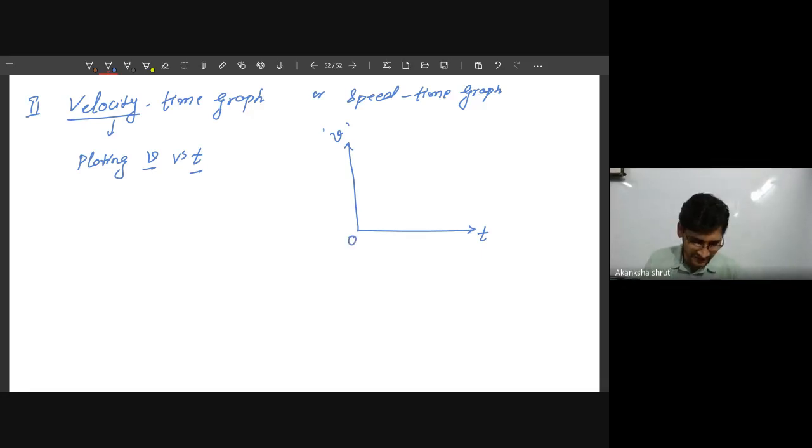From this graph, we can calculate two quantities. What were those? The very first that we can calculate is, from velocity we can know the acceleration. So from this graph we can also calculate the acceleration.